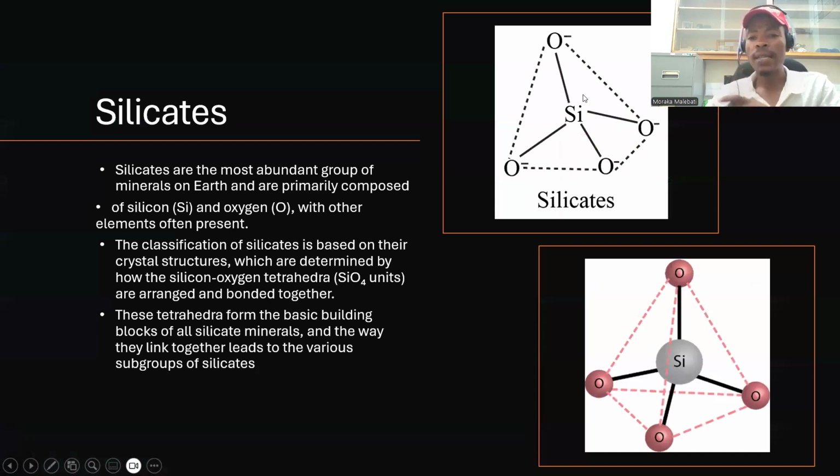So silicates, like I said, are the group of minerals which are abundant in the earth crust, and they have the silicon tetrahedron structure, wherein you've got silicon at the center surrounded by four oxygens. Basically, it has the same picture as a pyramid.